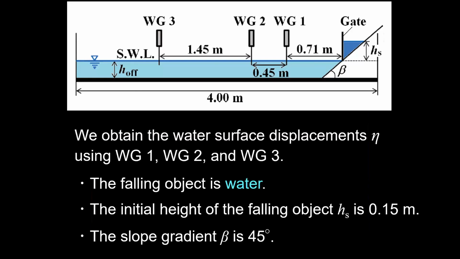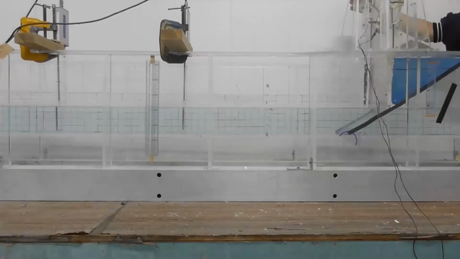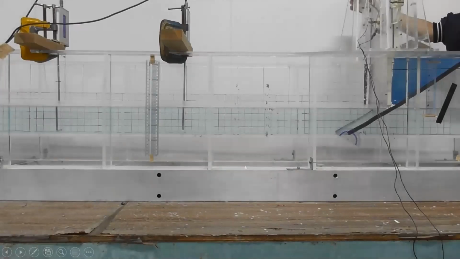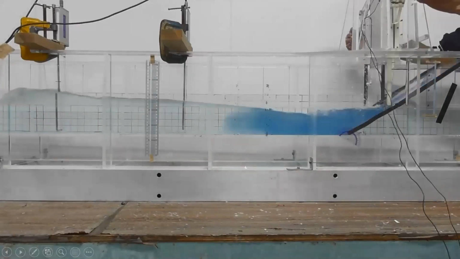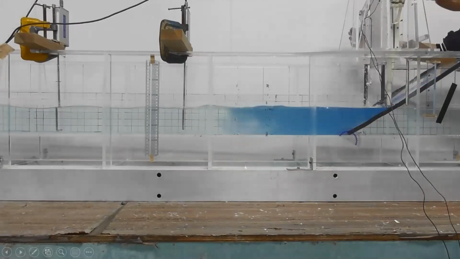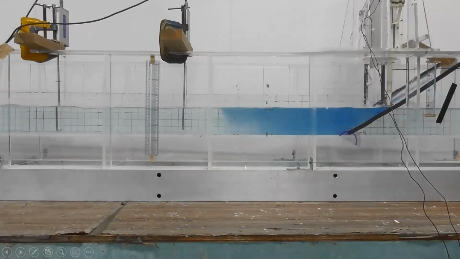The slope gradient beta is uniformly 45 degrees. These are the wave gauges here.